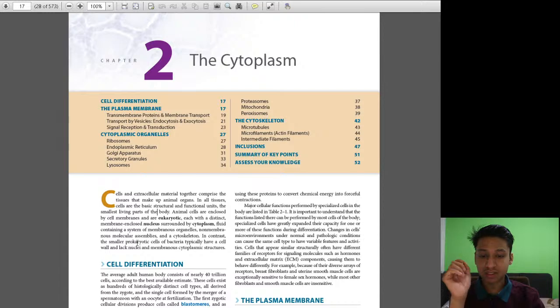In contrast, the smaller prokaryote bacteria typically have a cell wall and lack nuclei and membranous cytoplasm. So we don't need to care about prokaryotes.